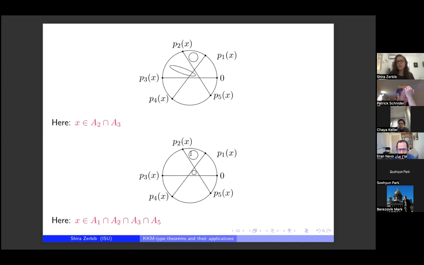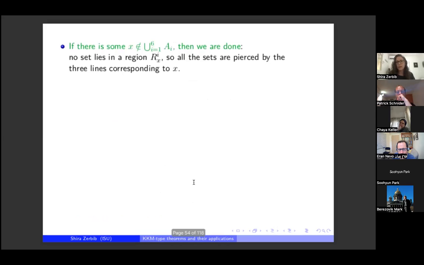It means that none of the sets in F are in any of these regions, but they are connected. So they must lie on the lines corresponding to this X. So if X is not in any of these sets, then the three lines corresponding to X pierce all the sets in F, and we are done.